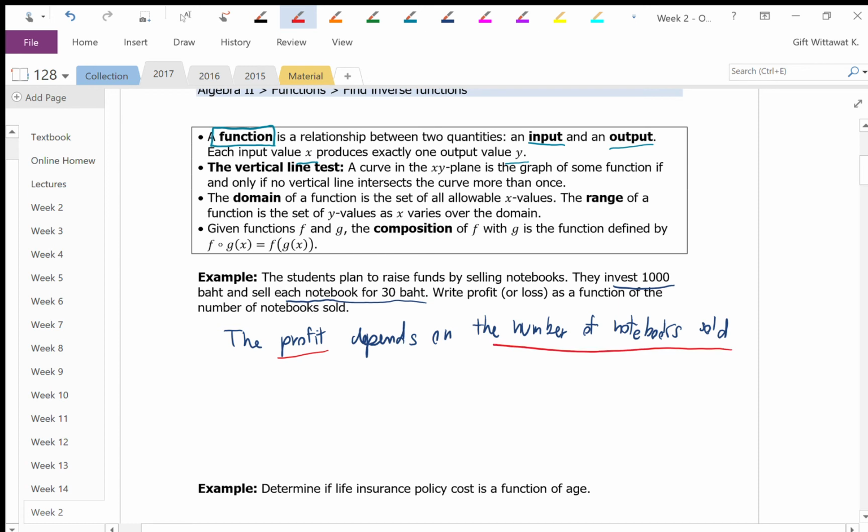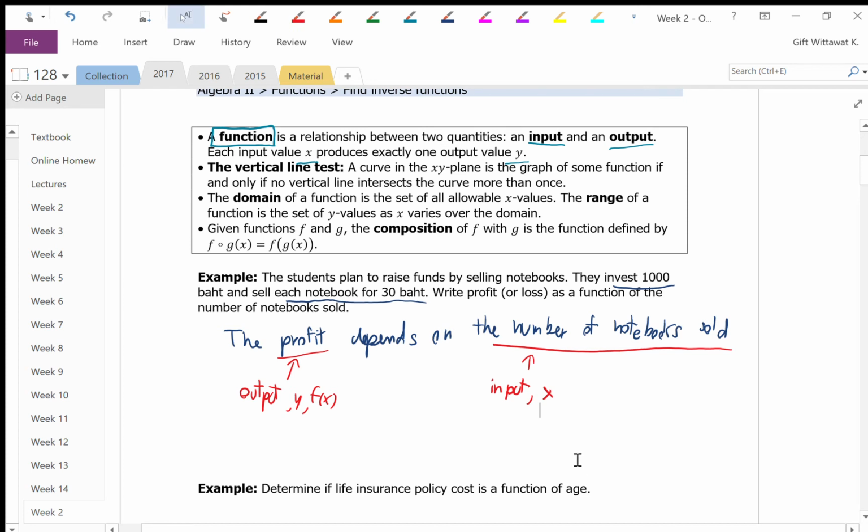This quantity that depends on other things is called the output. We will usually use y or f of x to represent the output, and this independent quantity is going to be called the input. We'll usually use x to represent that.